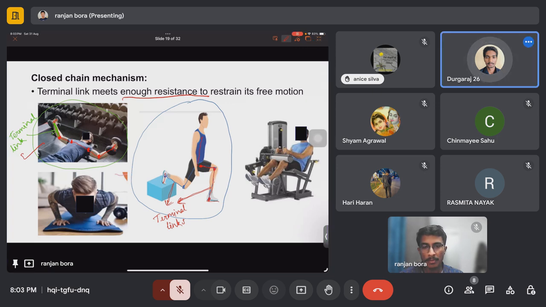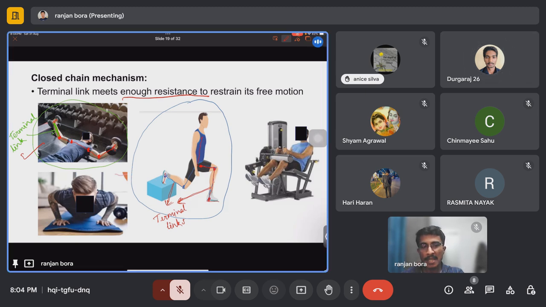In the previous example, the terminal link was between the elbow joint and the wrist joint, because he was doing the exercise using his hand, using this part of his body. So that's why we considered that as a link.